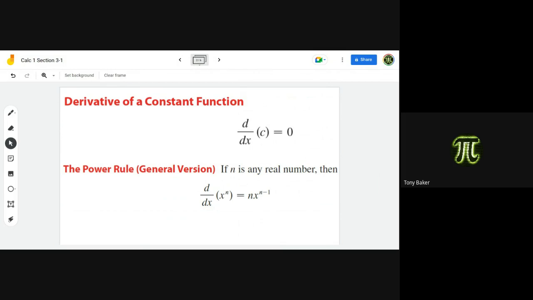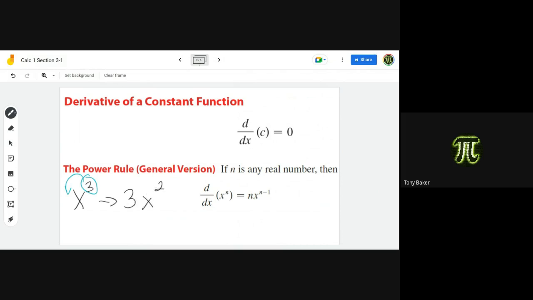The power rule is what we were just looking at a second ago. We had x to the third. The power rule states that I'm going to take this number up here and bring it down in front and subtract 1 from the top. So this becomes 3x to the second.